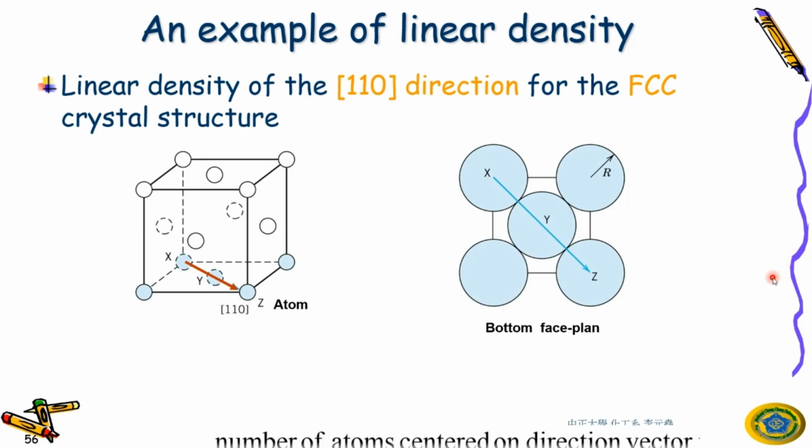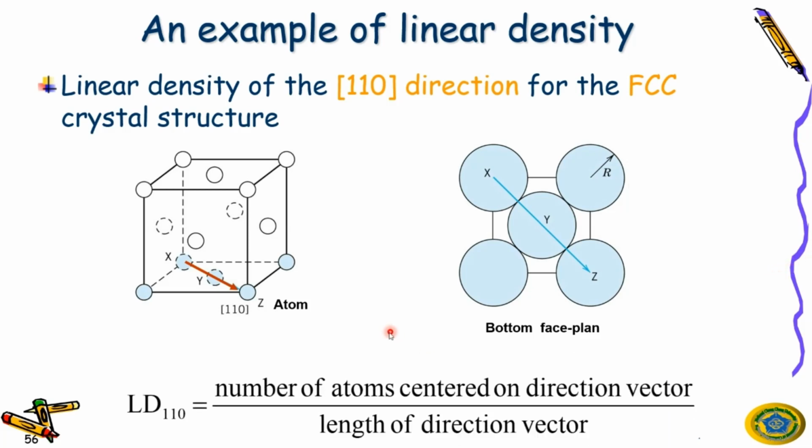Okay, so let's write down the definition of the linear density 110: number of atoms centered on the direction divided by length of the direction vector. So what's the number of the atoms centered on the direction vector? How many atoms? Have a guess. You might say, well, Professor, 3. 3, right? 1, 2, 3. But you don't count this as a 1. You only count half because this atom needs to share with the adjacent unit cell here, right?